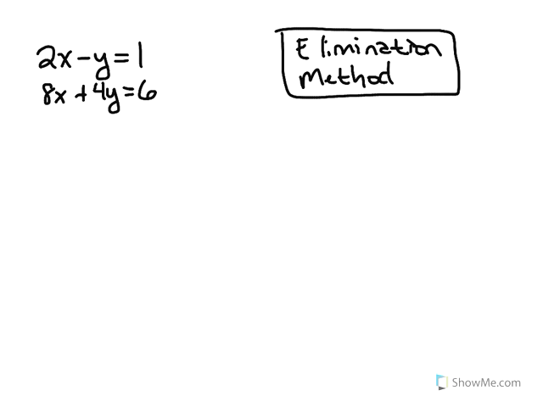We're looking for an opportunity to do that here, and really both variables give us that opportunity. There are two ways we could go. One way we could go is to multiply this first equation by 4. When we do that, we get 8x minus 4y equals 4.